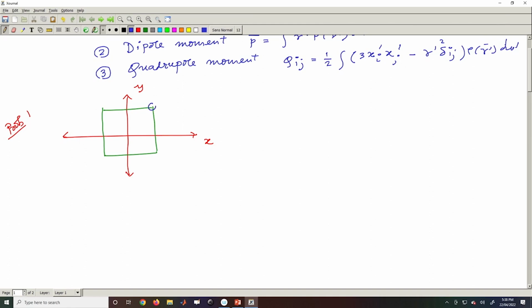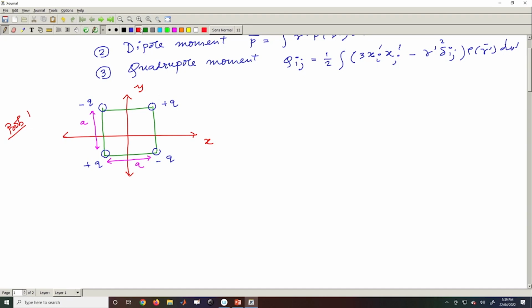One is sitting here, another is here. This charge is plus q, this is minus q, this is plus q and this is minus q, where the separation from here to here is a, and here to here this is a. This is the geometry we have.